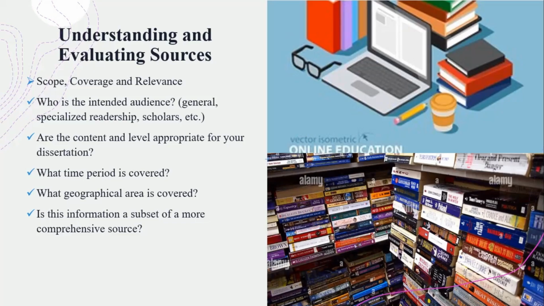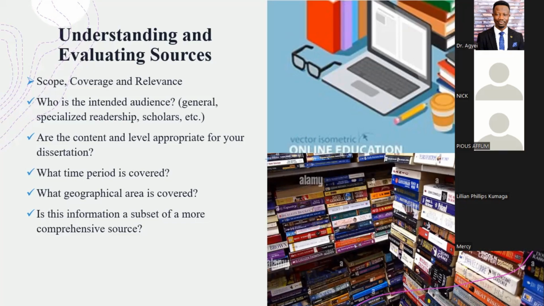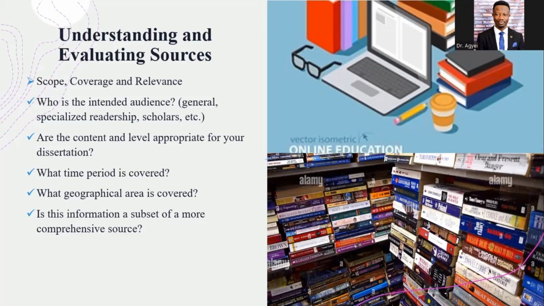And then another thing is that you need to look at what we call the time period. Sometimes when people are doing studies, they tend to think, oh, I can use any materials for that. Yes, we have some studies where, as Dr. J mentioned, if you are doing social capital theory, we have some key scholars in the field like Putnam, and you cannot just use all the current materials without his material, or Bourdieu.